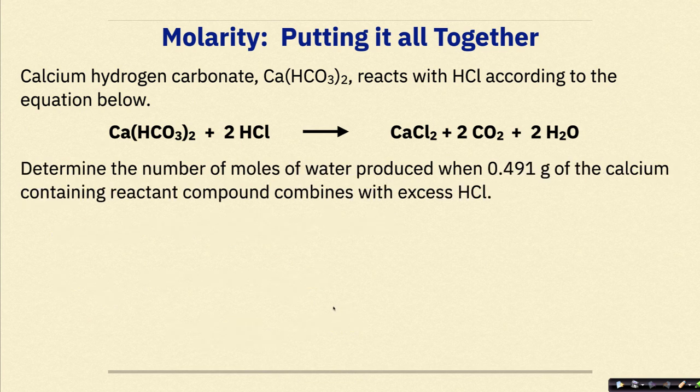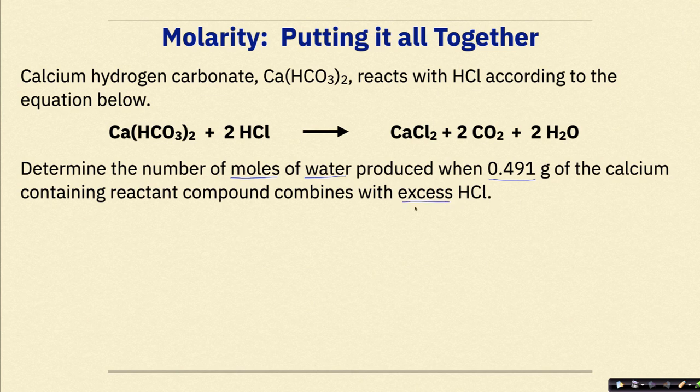Okay, so we have the same reaction as before with the calcium hydrogen carbonate reacting with the hydrochloric acid, HCl, considering this is all an aqueous solution, to produce my products. Awesome. Now we are trying to determine the number of moles of water produced when 0.491 grams of the calcium-containing reactant compound combines with excess HCl.